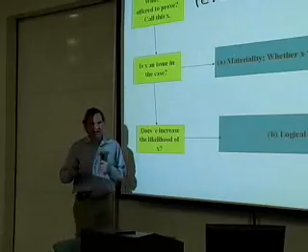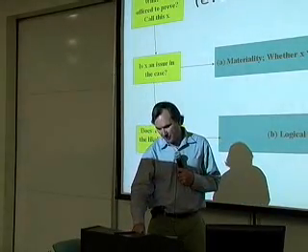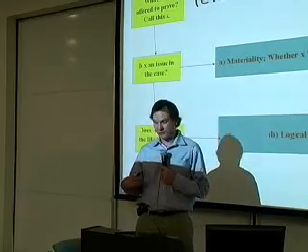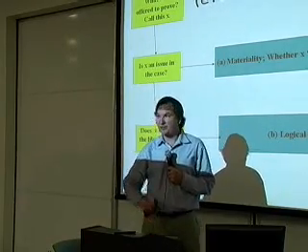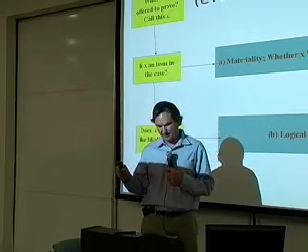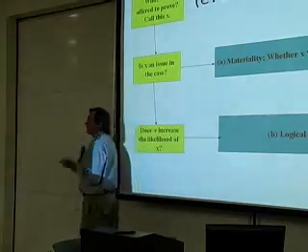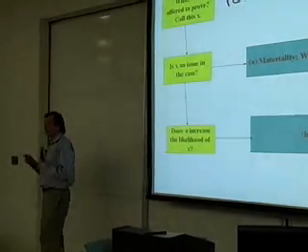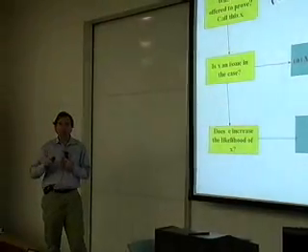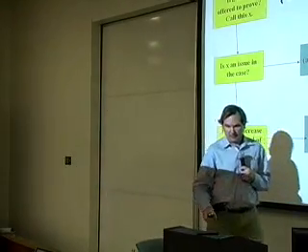Mueller and Kirkpatrick say that the term relevance now embraces both materiality and what I call logical relevance. But it's good to keep these two notions distinct, because something can be material and not be logically relevant, and something can be logically relevant and not material. And you have to be both in order to be admissible.